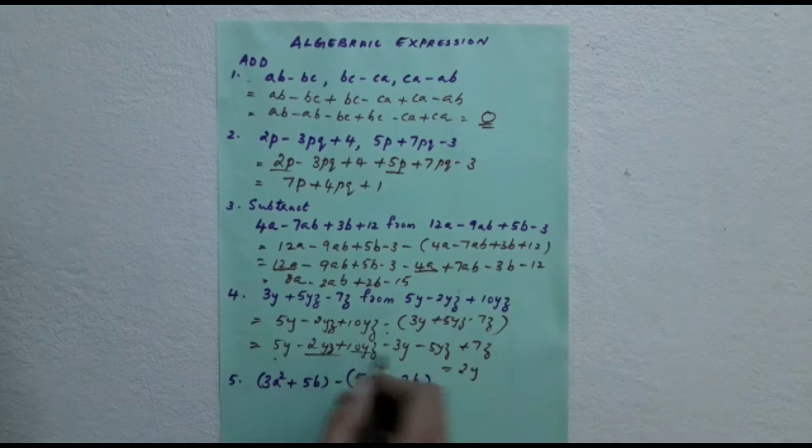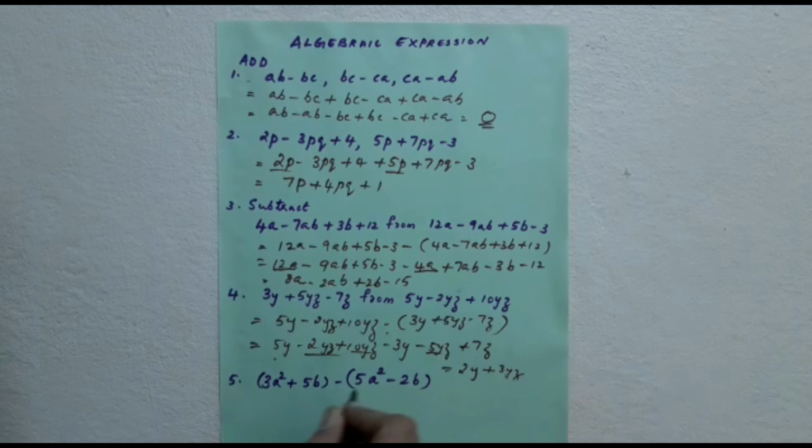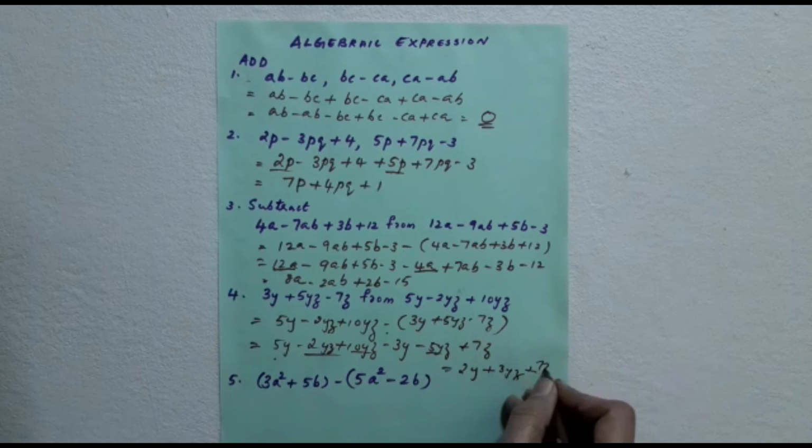There are three terms, so minus 2 plus 10 becomes plus 8, and plus 8 minus 5 becomes plus 3yz. And the last term is alone, that is plus 7z.